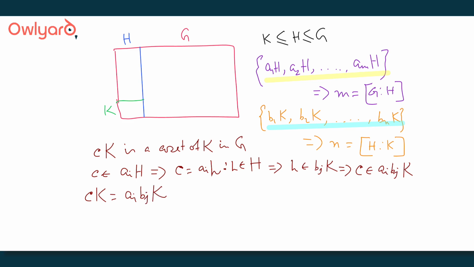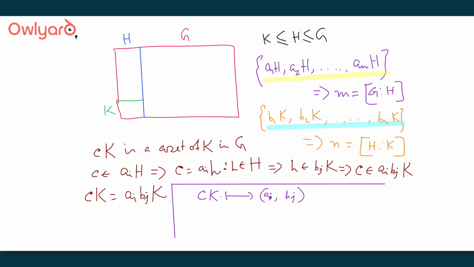Okay, good. After this point, notice that I have chosen this CK as an arbitrary coset of K in G, and therefore this map from any arbitrary coset CK gets mapped to some ordered pair AI, BJ.